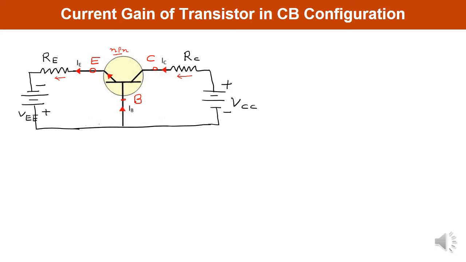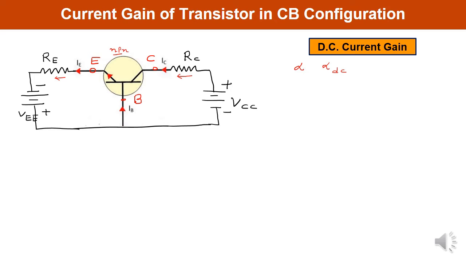First, let us discuss the DC current gain in common base configuration. DC current gain may be defined as the ratio of collector current to the emitter current, and it is denoted by alpha. At some places it may be denoted as alpha DC.